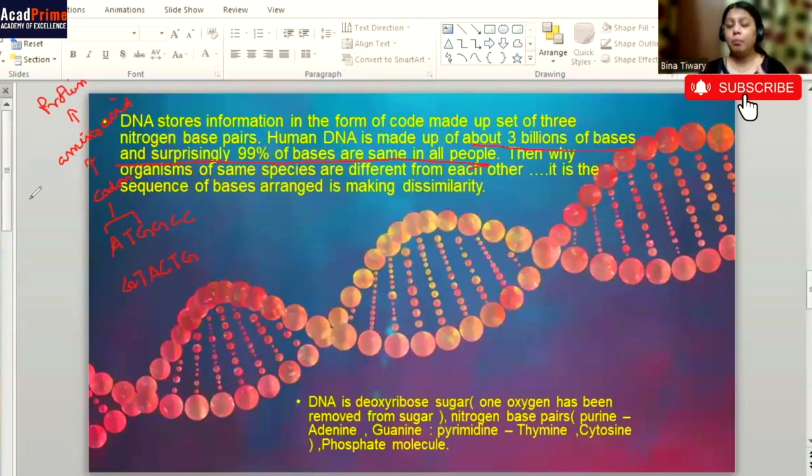Like maybe me and my siblings all have the same base pairs, but only some of the characteristics are the same. That means some of the genes are passed on from our parents to us in the same manner, but some have a little bit of twists and turns. That means during cell division, a segment of a chromatid, suppose this is the chromatid, right?